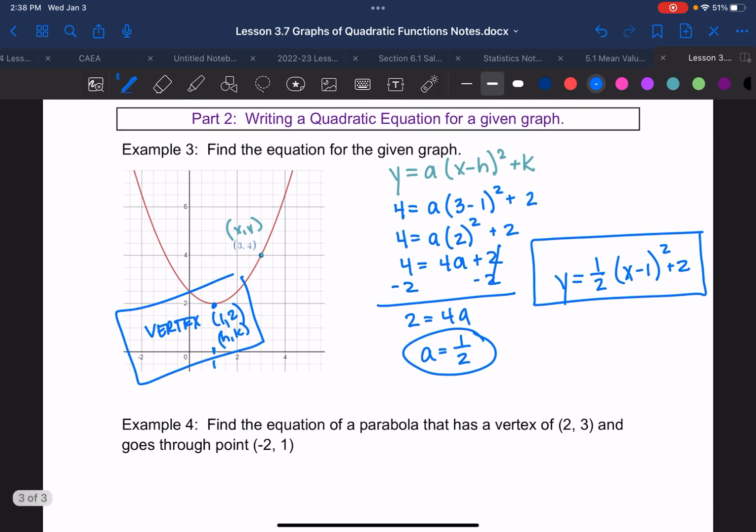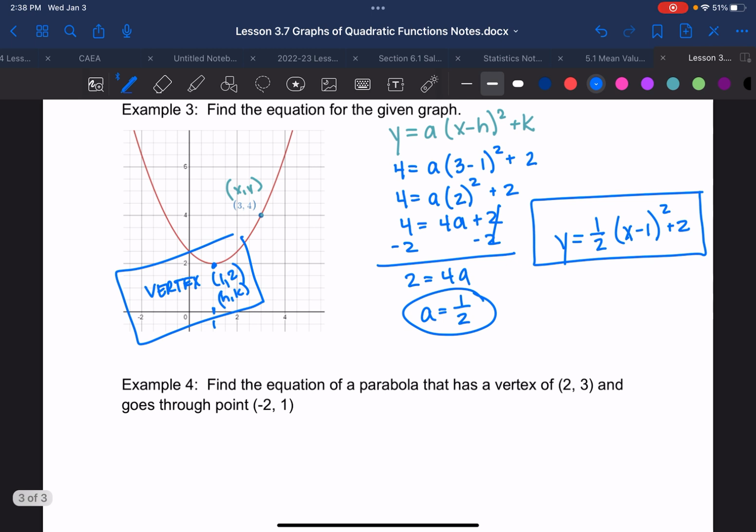All right, and example 4 is very similar. It doesn't show us the graph, but it gives us the vertex and it gives us the point. This will be our x, y. This will be our h, k. Again, they did not give us A, so we're going to go and solve for A first.